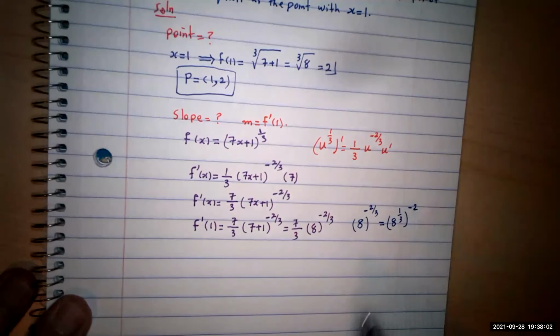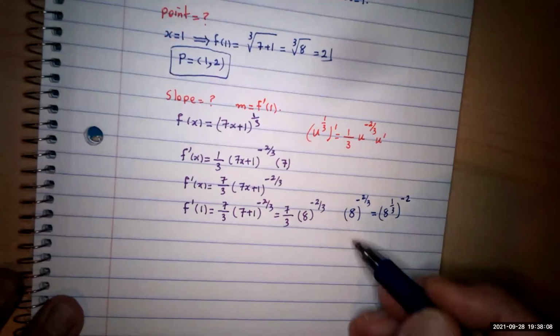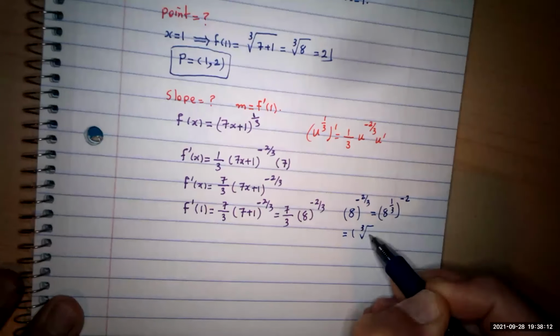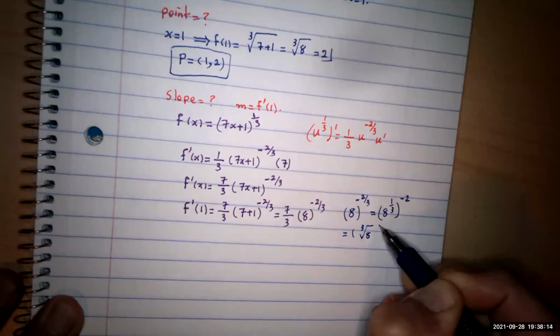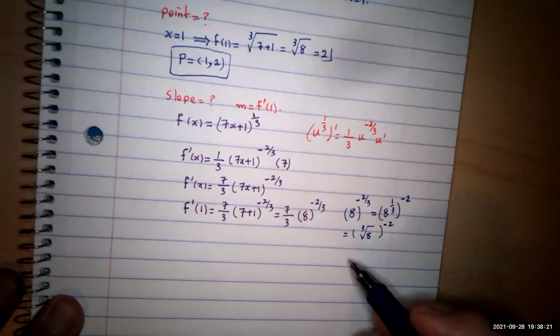This is what you do in algebra. 8 to the 1/3 is the cube root of 8, inside the parentheses, then to the negative 2. The cube root of 8 would be 2: 2 times 2 is 4, 4 times 2 is 8.